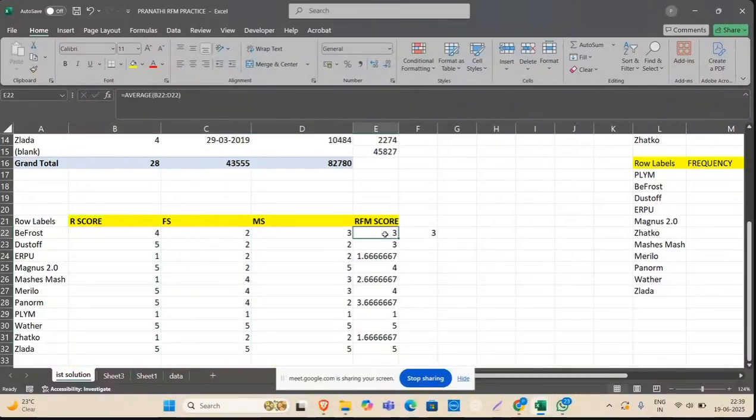Finally I have to calculate the RFM score. It is the average of the three, the R score, F score, and M score. So it is equal to AVERAGE from the range, like that. Then you can drag it. That's it.